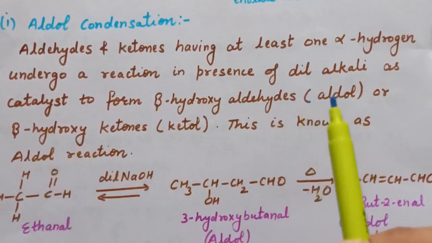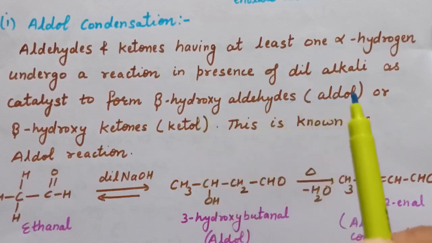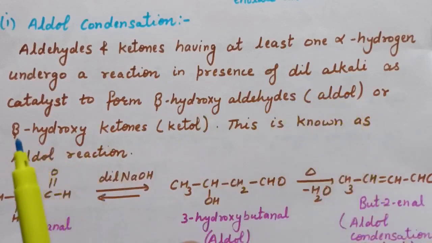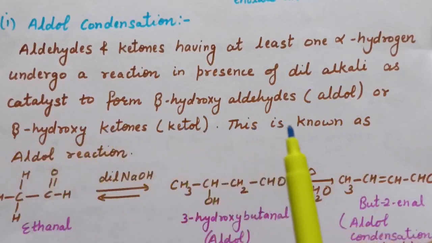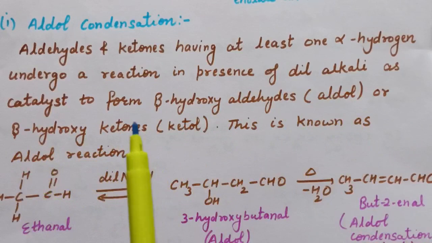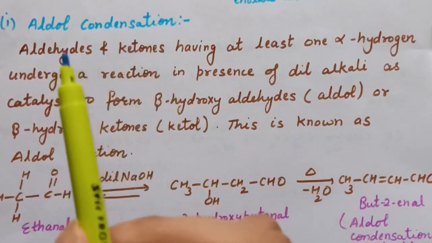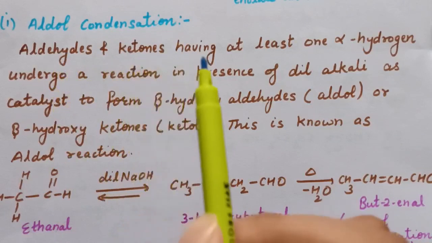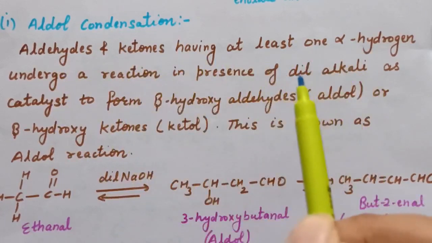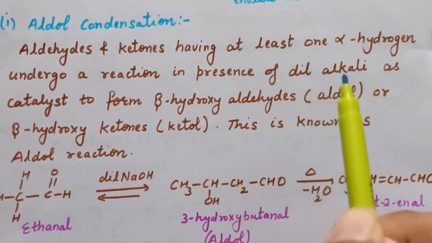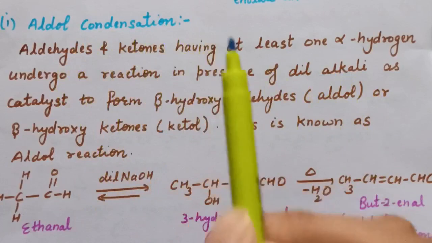In case of aldehydes, it is beta hydroxyaldehydes, aldol, and in case of ketones, it is beta hydroxyketones or ketol, and this is known as aldol reaction. So the condition for aldol condensation is aldehydes and ketones having at least one alpha hydrogen and in presence of dilute alkali. Then aldehydes and ketones will undergo aldol condensation reaction.